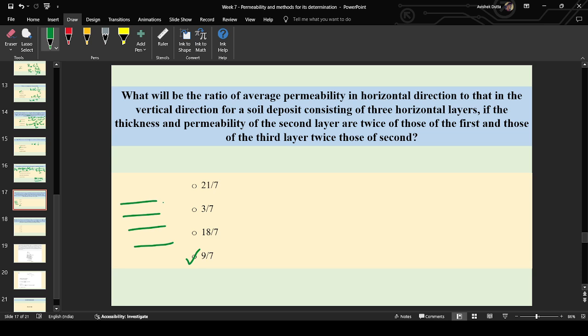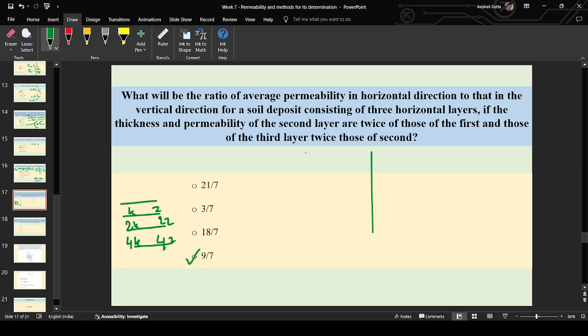If it is k and thickness z for the first layer, for the second layer it is 2k and 2z. For the third layer, 4k and 4z, simple.